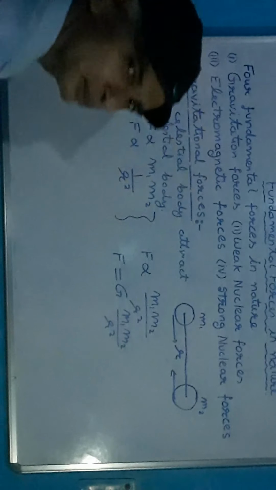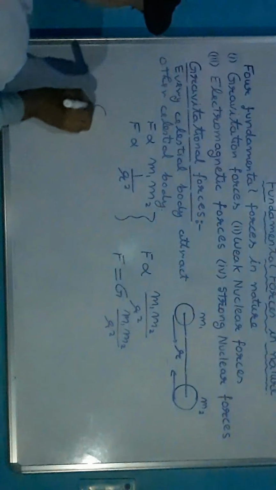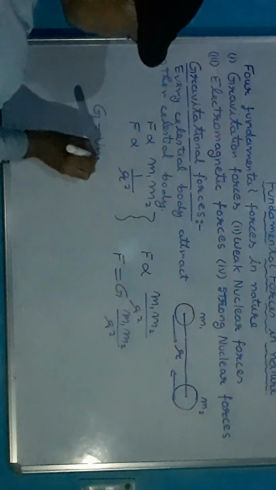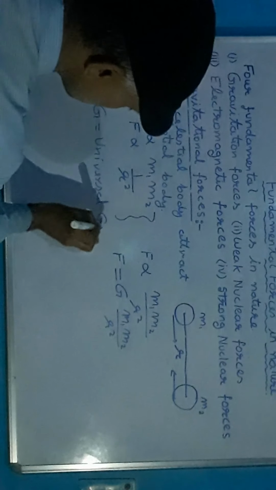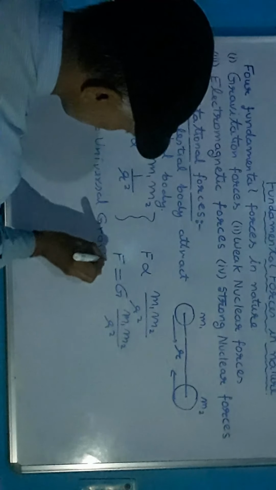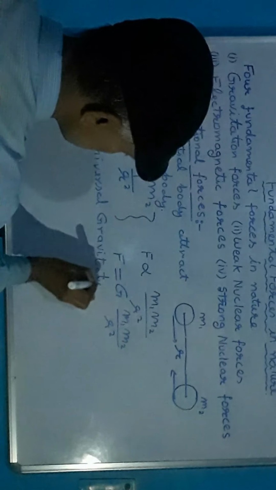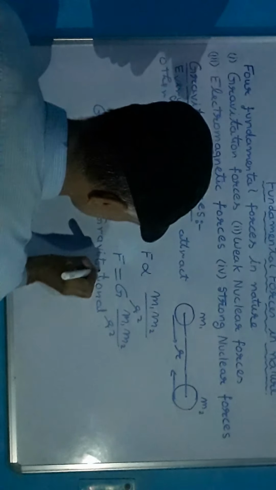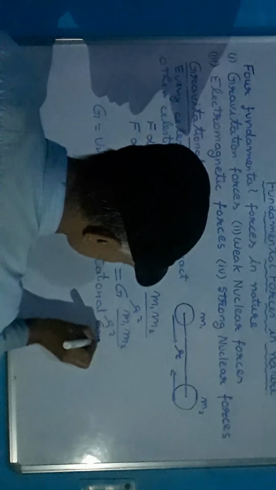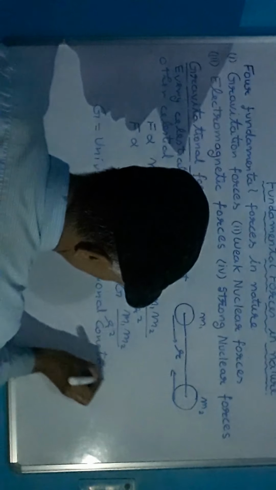What is G here? You have studied G in 9th class also. G is the universal gravitational constant. Why is it called the universal gravitational constant? Because its value remains constant in the whole universe.